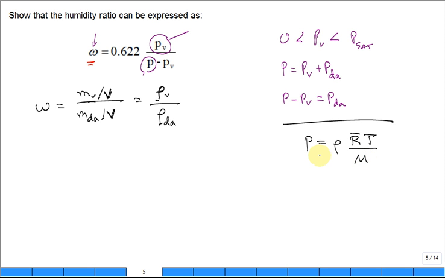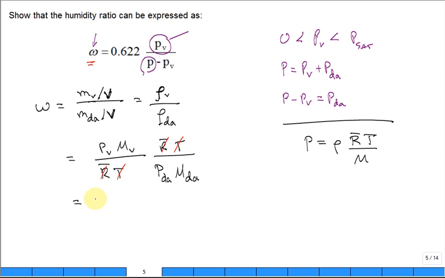So rho for the vapor is going to be the partial pressure of the vapor, the molar mass of the vapor, divided by the universal gas constant and the dry bulb temperature. Likewise, rho of the dry air, the partial pressure of the dry air, the molar mass of the dry air, divided by R bar T. We cancel the R bars and the T's, and we're left with this expression.